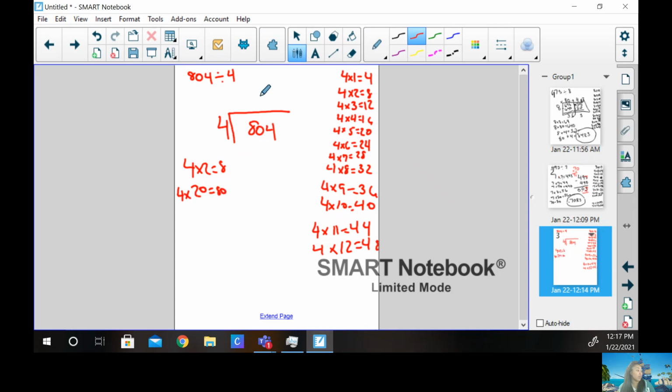So again, I put my 20 up here, and I subtract, and I bring down my 4. And I have how many times can 4 go into 4? And that is 1, because 4 times 1 gives me 4. And I get 0. And so my answer is 201.